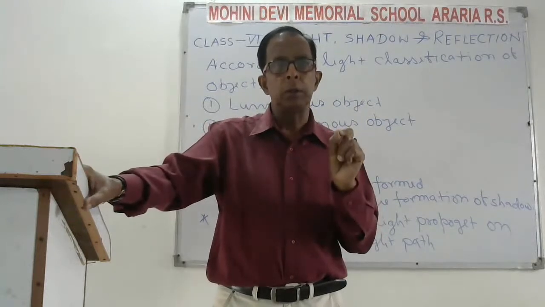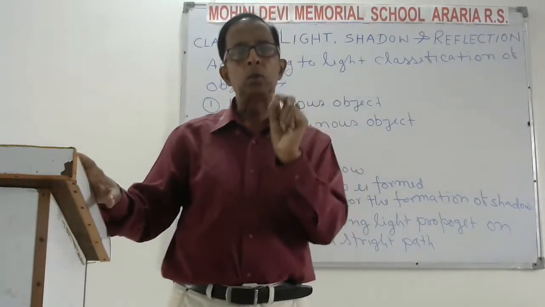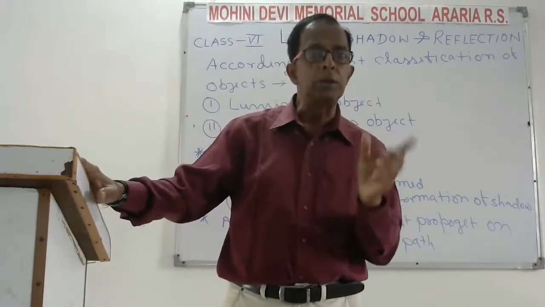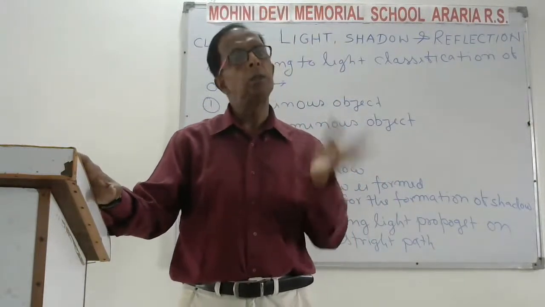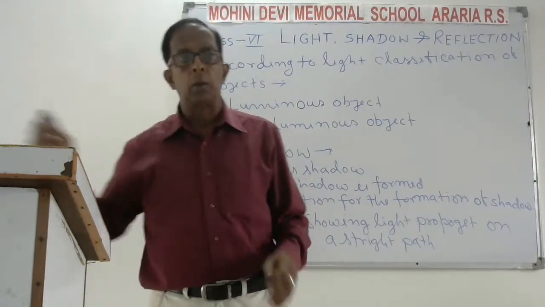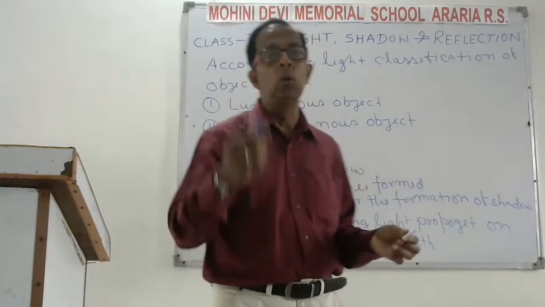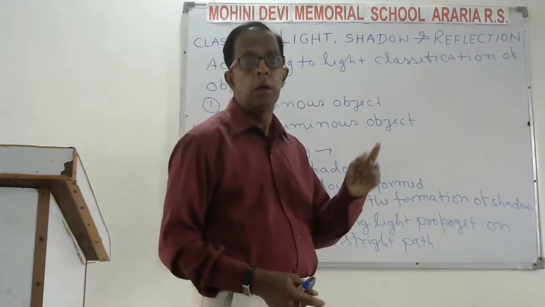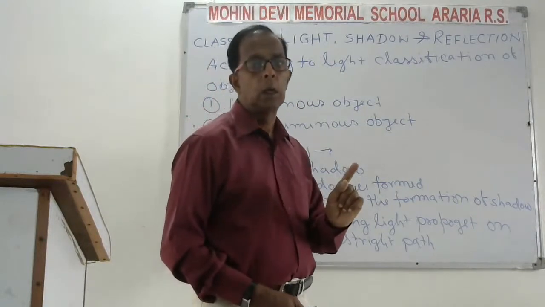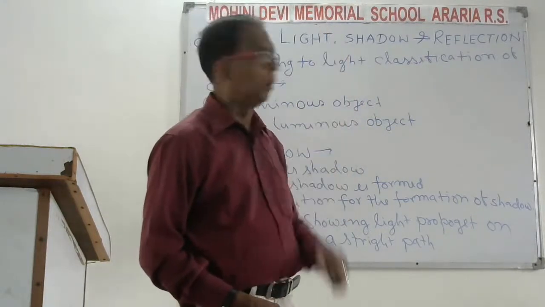An object which has its own light, which emits light, is called luminous, like the electric bulb.